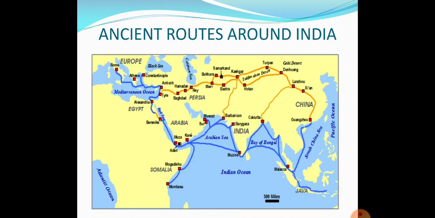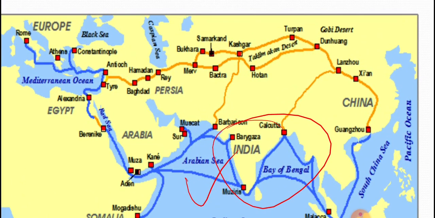Now, if we talk about the location of India, we should know the location of India is like the center of the world. You can see over here, the blue routes are the present sea routes, and these red lines are the ancient land routes, and it was known as the Silk Route also.